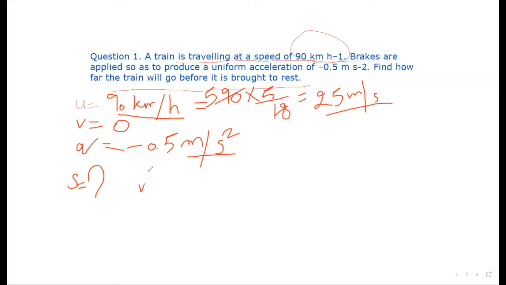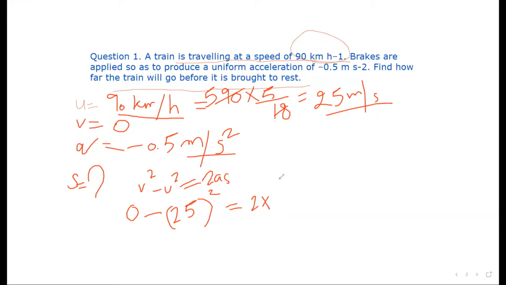So first of all, write the equation here. v square minus u square equals 2as. Now simply put the values. What is v here? That is 0. 0 square is 0. What is u? That is 25, so 25 whole square. Then equals 2 into a.